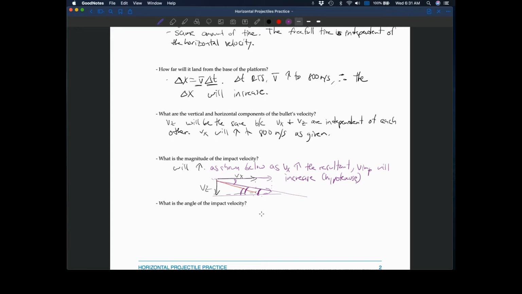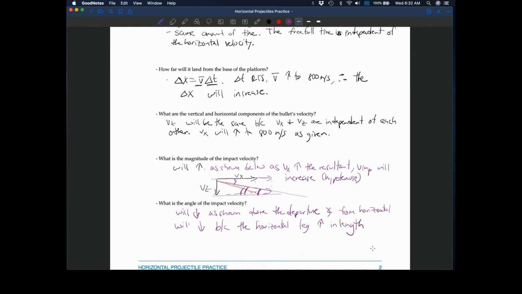So the angle will decrease, as shown above. The departure angle from horizontal will decrease because the horizontal leg increases in length.